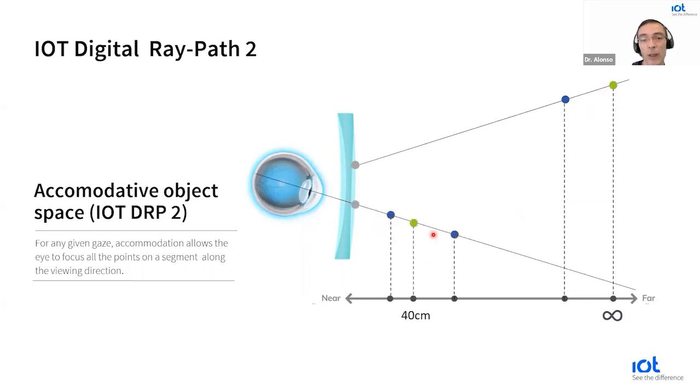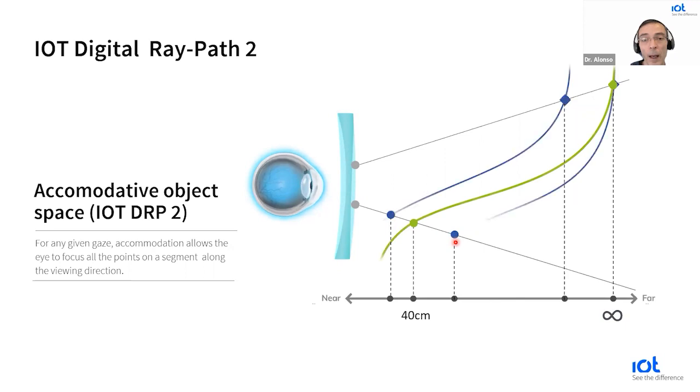For example, for near vision, we have this object distance corresponding to the more probable accommodation level. But if we increase accommodation, we will be able to focus closer objects. And if we relax accommodation, we will focus objects located further away.